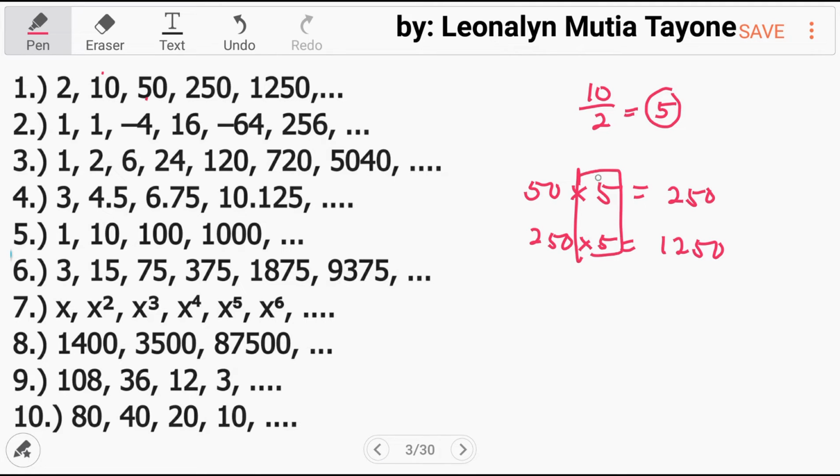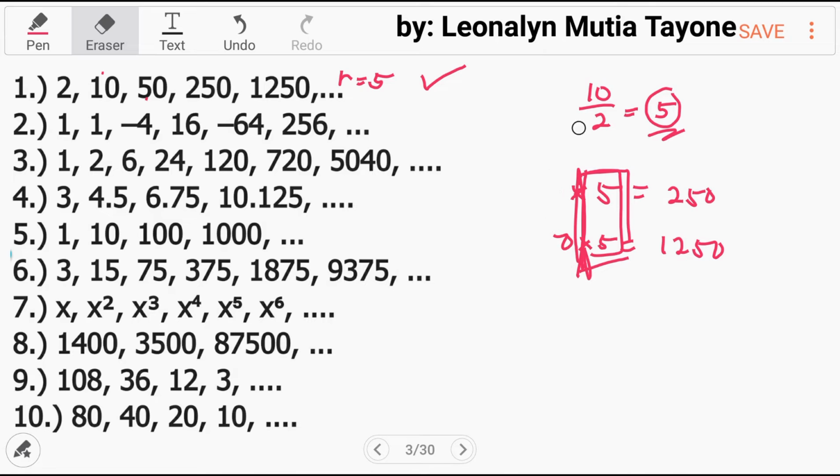So, therefore, ang common ratio, sa una pa lang, nakuha na natin na ang common ratio niya ay 5. Pero dino-double check natin sa iba pang mga numbers. Therefore, ang common ratio talaga dito ay 5. And since ang common ratio niya ay 5, this is geometric sequence.